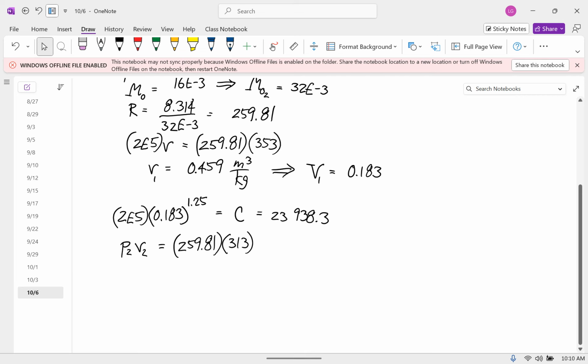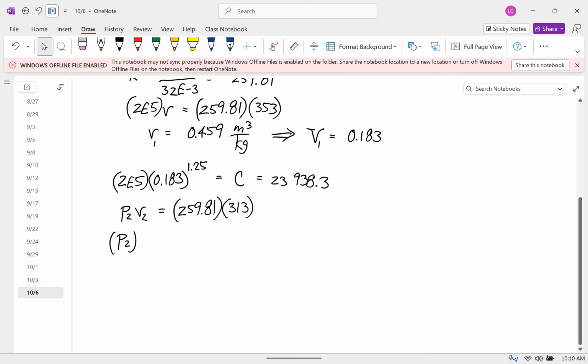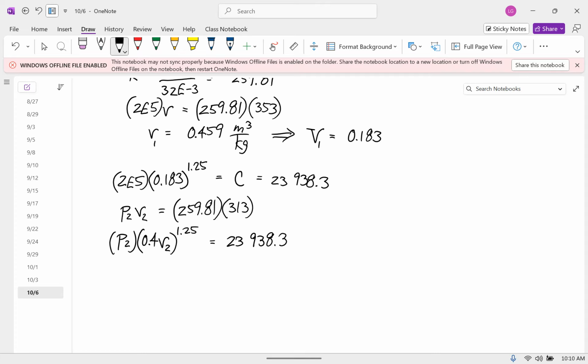And we know that P2 times the true volume, which is 0.4 little v2 to the 1.25, is equal to 23,938.3. Everyone with me on that, what I'm doing there?